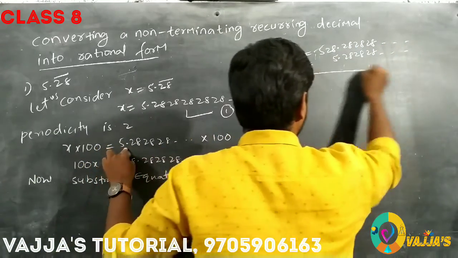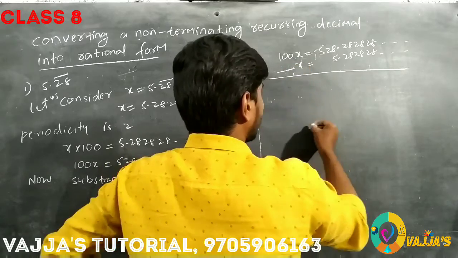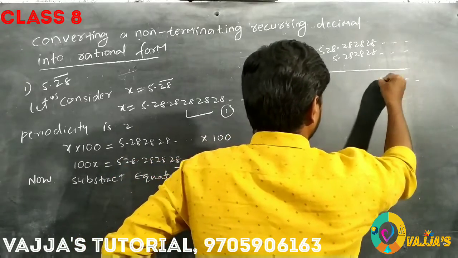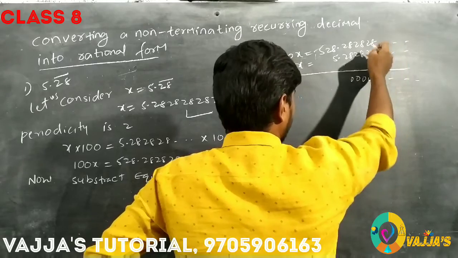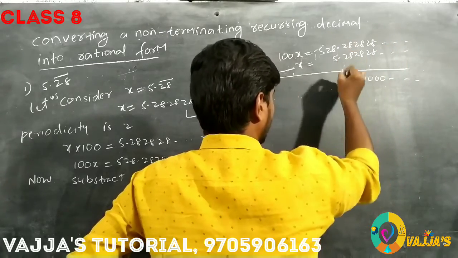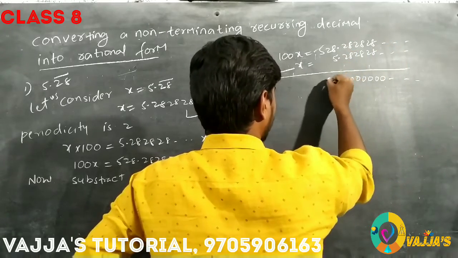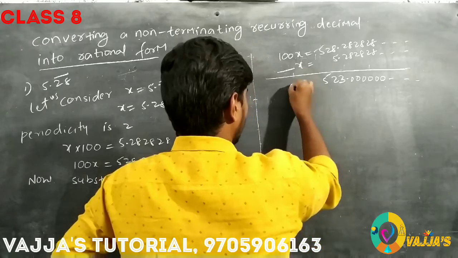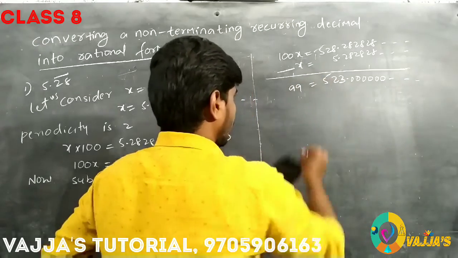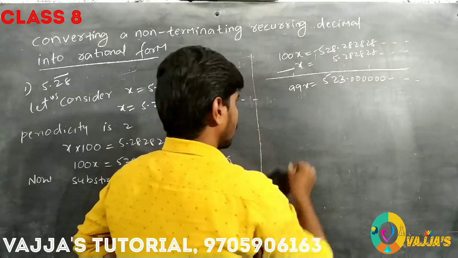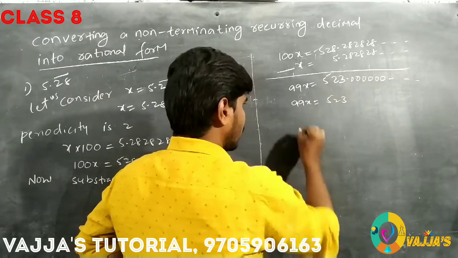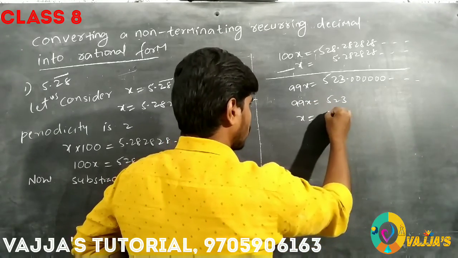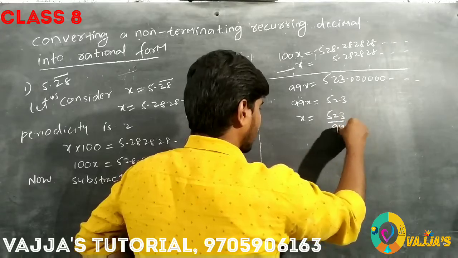Subtraction: the decimal parts become 0, 0, 0, 0, 0, 0. Here it is 8 minus 5, which is 3. 2 as it is, 5 as it is, so it becomes 523. And 100x minus x is 99x. So 99x is equal to 523, so x is equal to 523 by 99.